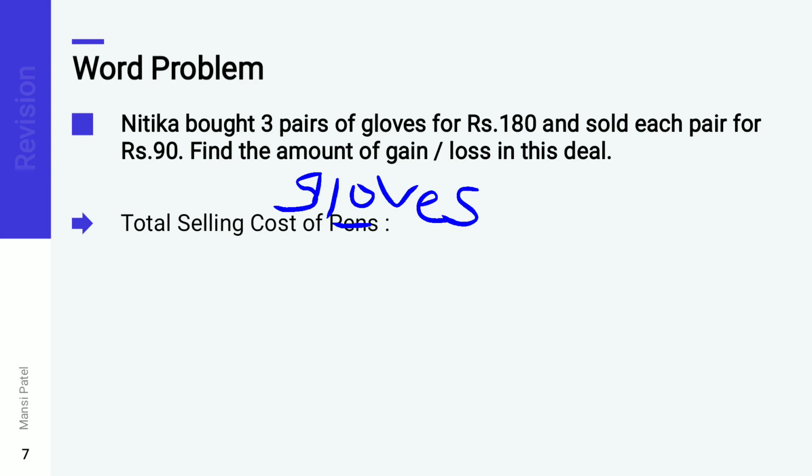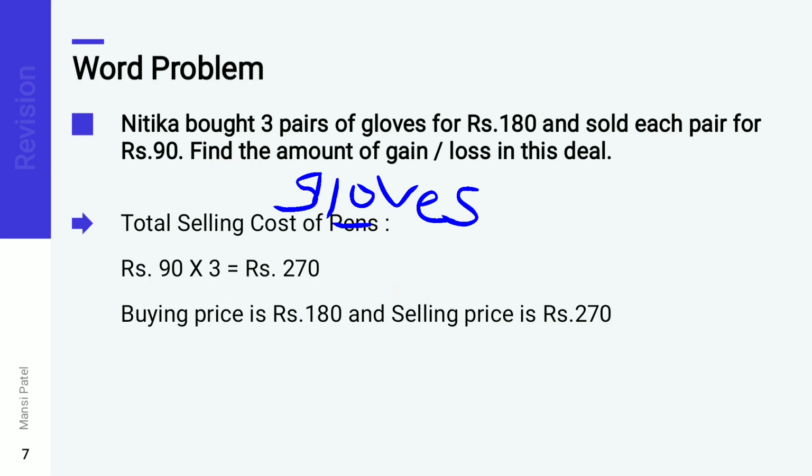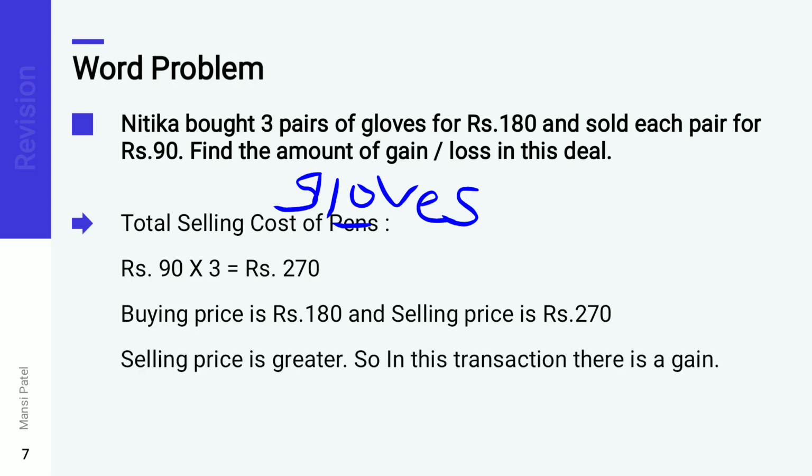Okay. When she sold it, she sold it at one pair for rupees 90. So we can say that 90 multiplied by 3 is equal to 270. So we can say that the buying price is rupees 180, whereas the selling price is rupees 270.